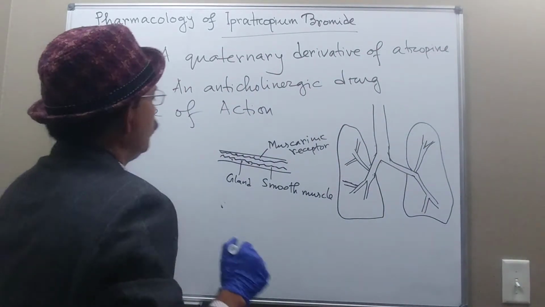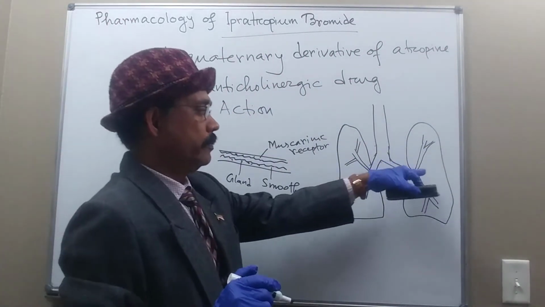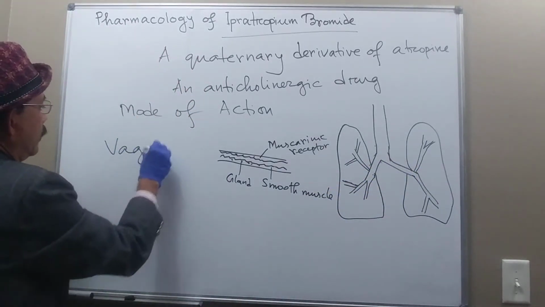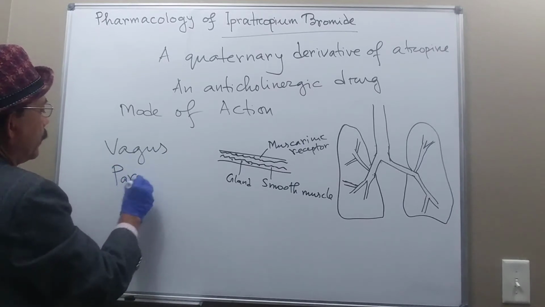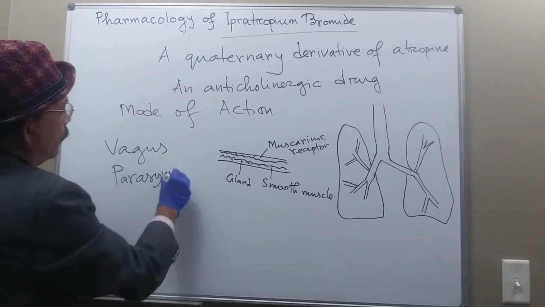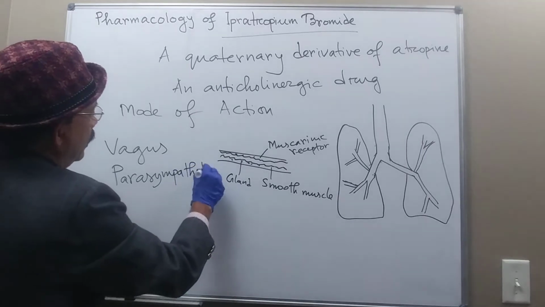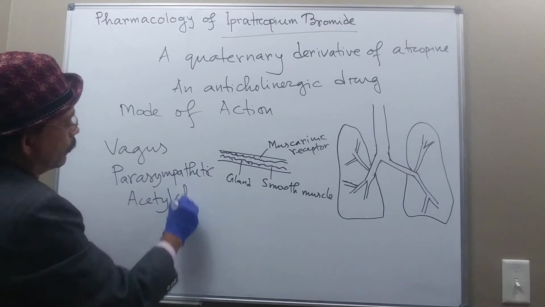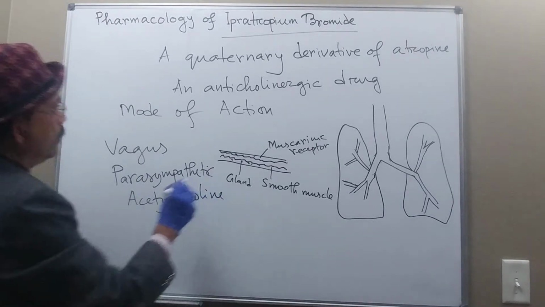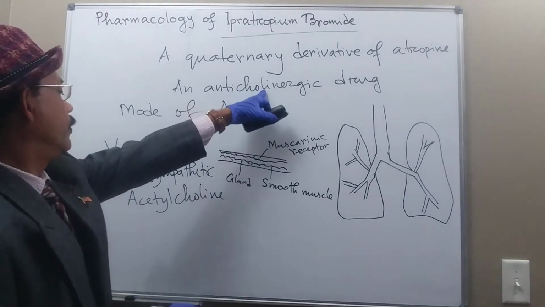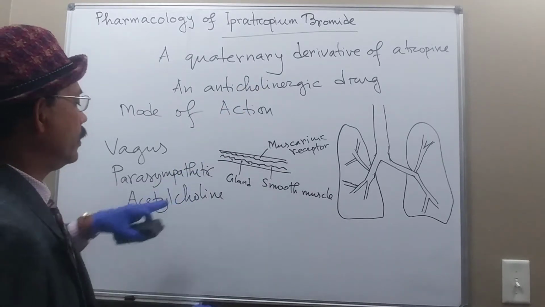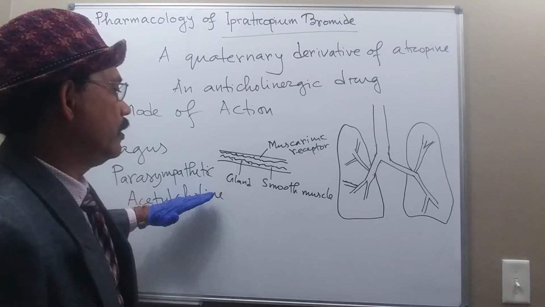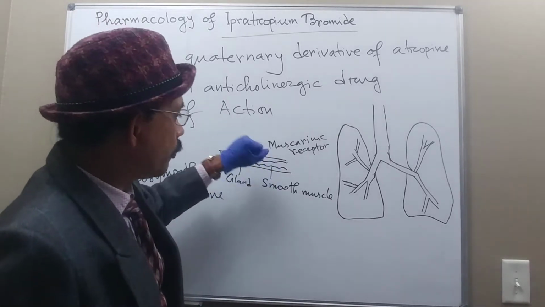And we know the nerve supply of the lung is from the vagus nerve, that is parasympathetic, and it releases acetylcholine. This medication is anticholinergic, that is anti-acetylcholine. So if it suppresses acetylcholine, then there will be no spasm.